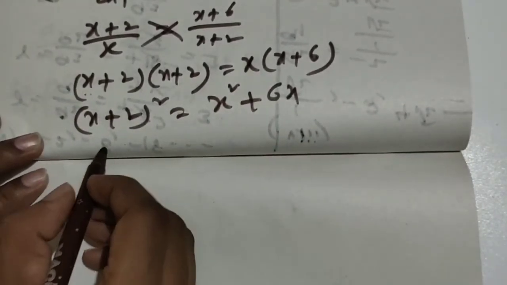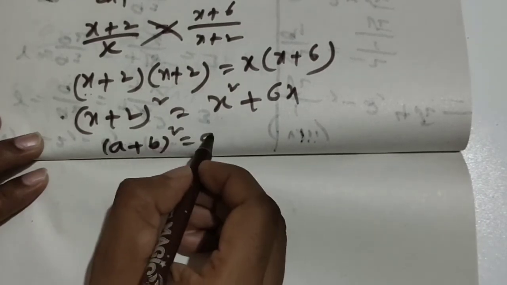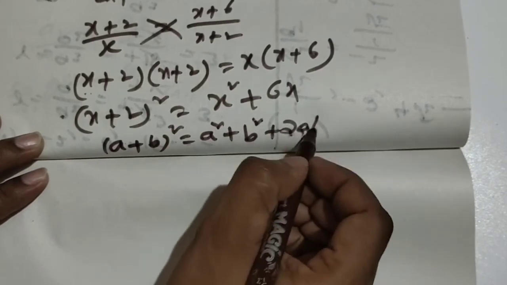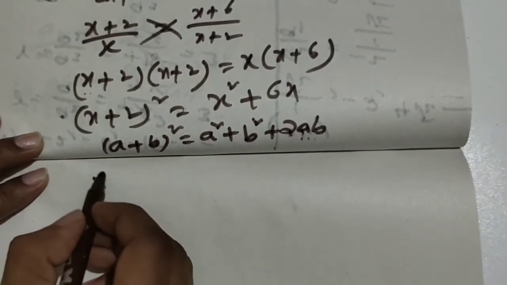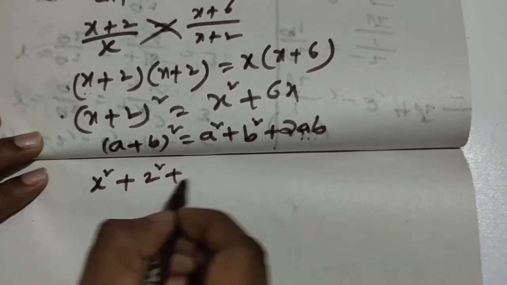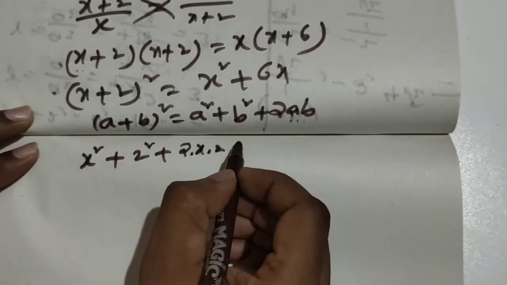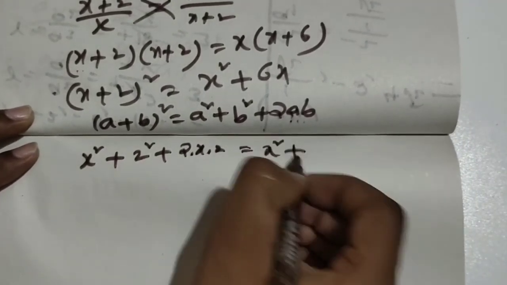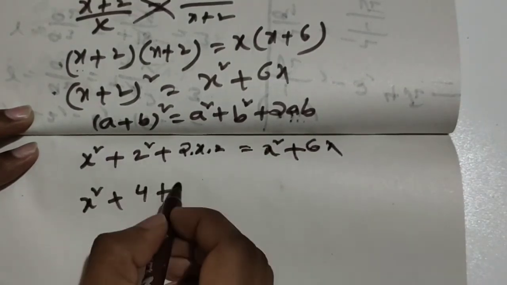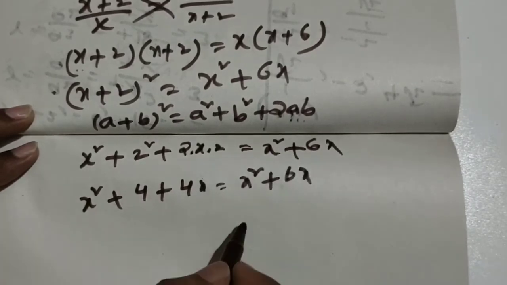Then expand this by using the a plus b whole square formula. What is the formula? a plus b whole square is equal to a square plus b square plus 2ab. So now here we can apply it: x square plus 2 square plus 2 into x into 2 is equal to x square plus 6x, that is x square plus 4 plus 4x is equal to x square plus 6x.